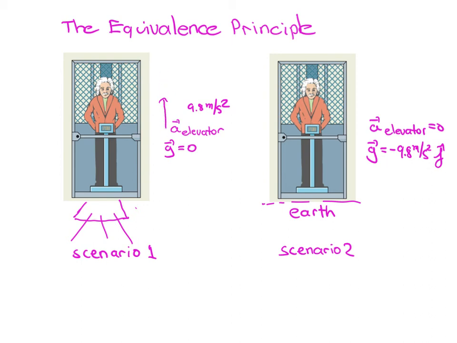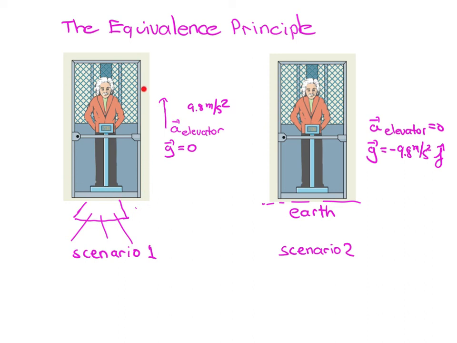Scenario number two is that the elevator is at rest on Earth and therefore has zero acceleration. But of course, there is gravity on Earth, and the value of g in this environment is minus 9.8 meters per second squared. And what the equivalence principle says is that you really can't distinguish these two situations.